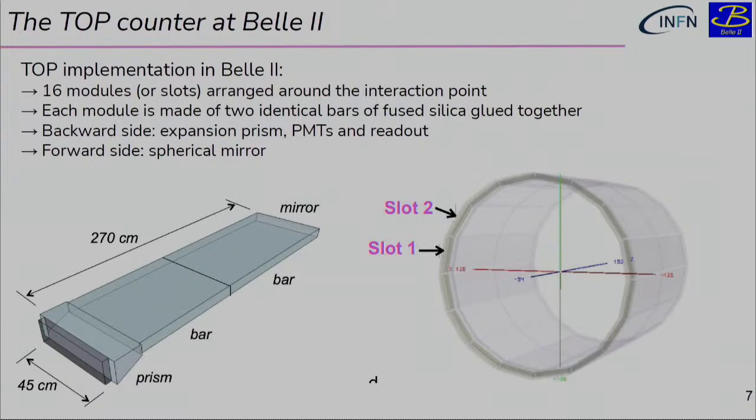They are instrumented only on one side by microchannel plate photomultipliers because we want to be fast. And on the other side, you have a mirror, which helps compensate a little bit for the chromatic dispersion by refocusing the light, which gets emitted in the forward direction and then has to travel back to the photomultiplier plane.